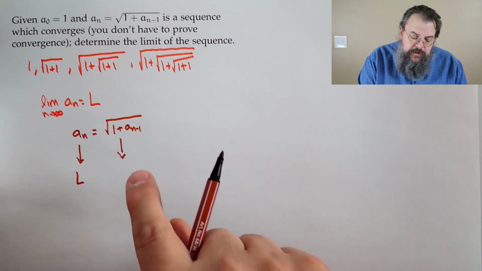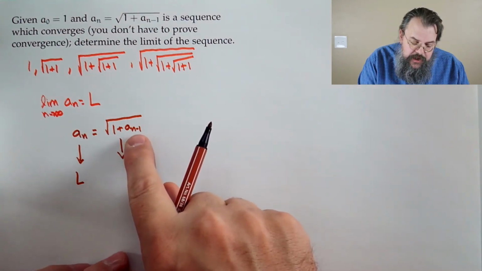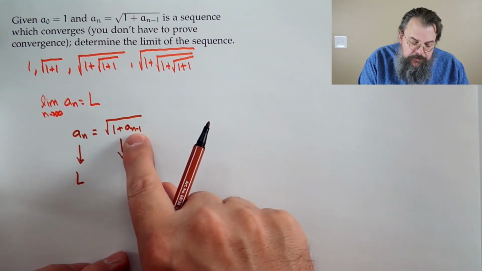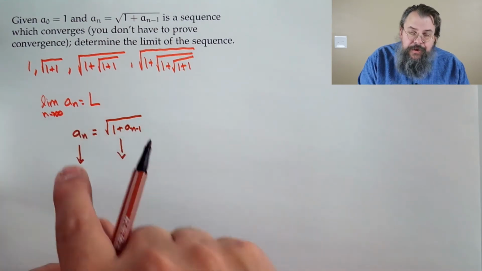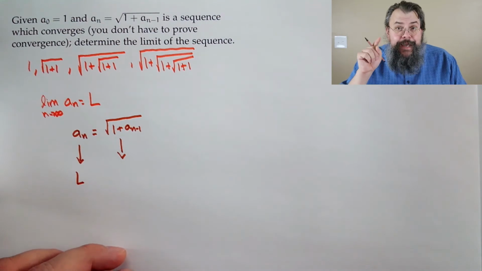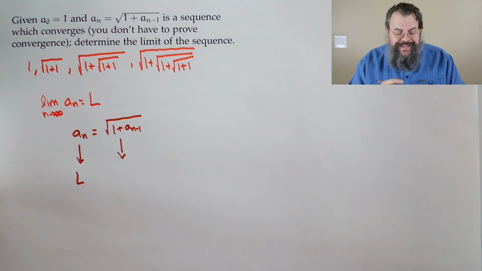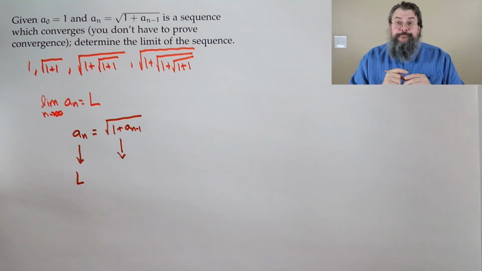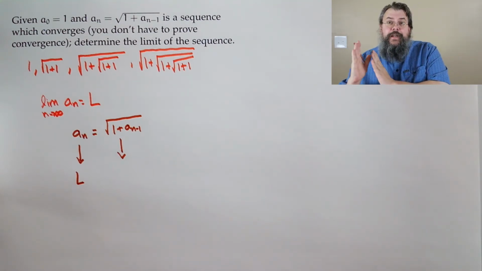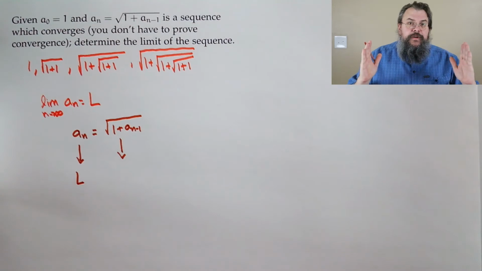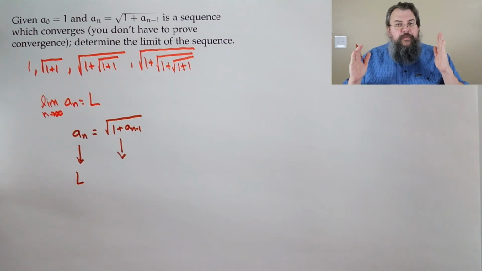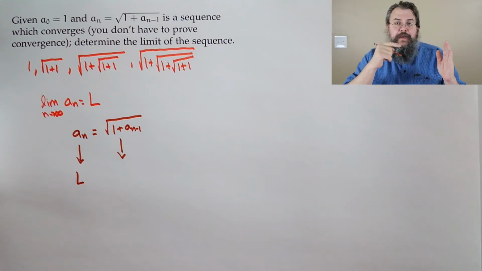And now we can say, well, what's true about this a sub n minus 1? We know that a sub n goes to L. What does a sub n minus 1 do? What does it go to? All right. Can you see it? So we're starting at 0, keep going, and so what happens is if I look at a term far down, here's my a sub n, what's the conclusion?